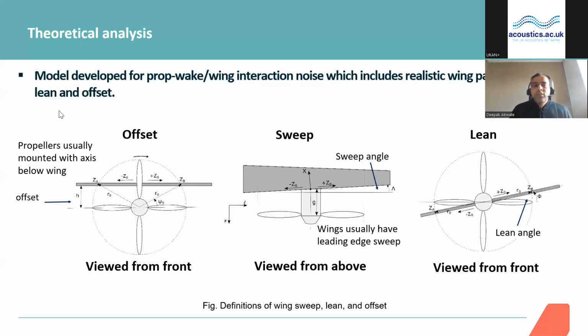So what exactly is meant by wing sweep, lean, and offset? I have shown a definition of all three parameters over here.